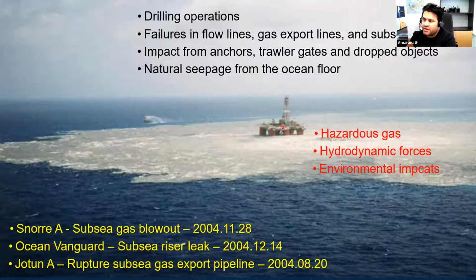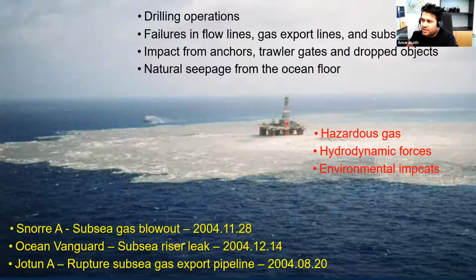But luckily, the wind direction was on the favorable side, so the wind took away the gas cloud that was coming to the platform. If it had been ignited in 2004, at that time we had 168 people on board, so it could have been a disaster like Piper Alpha.